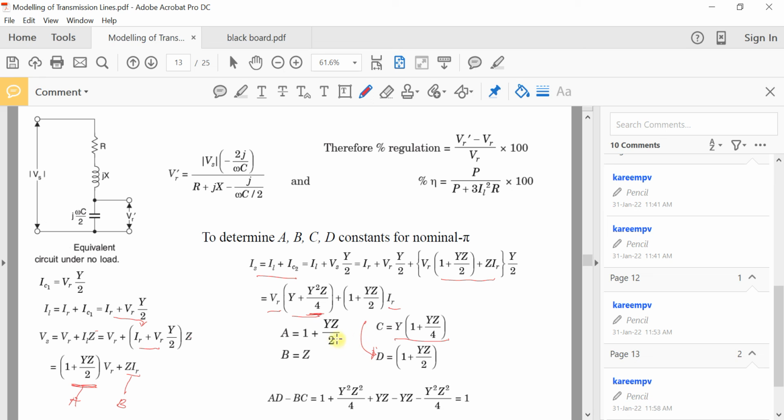You have to remember these A, B, C, D parameters for the pi representation and for the T representation.